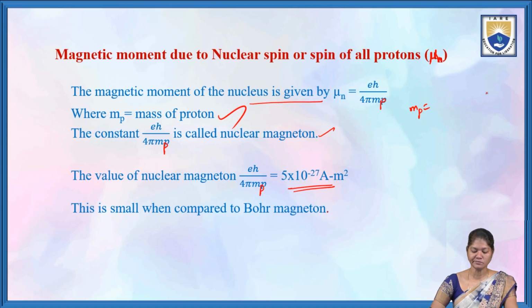Then the nucleons in the nucleus also spin, which gives the magnetic moment due to nuclear spin.